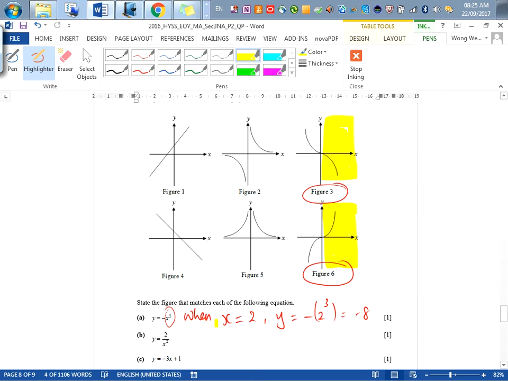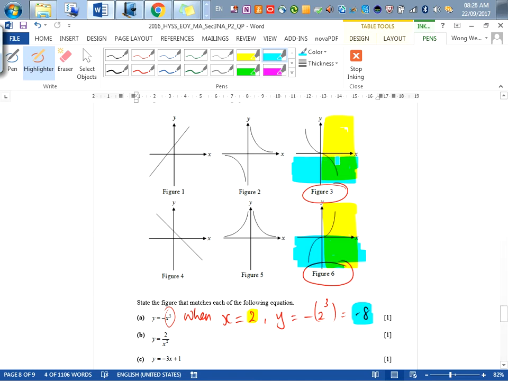So when I substituted in a positive number, what did I get for my answer? Negative, right? Where is the negative region for y? Underneath. So based on this, which graph should it be? Figure 3, yes.